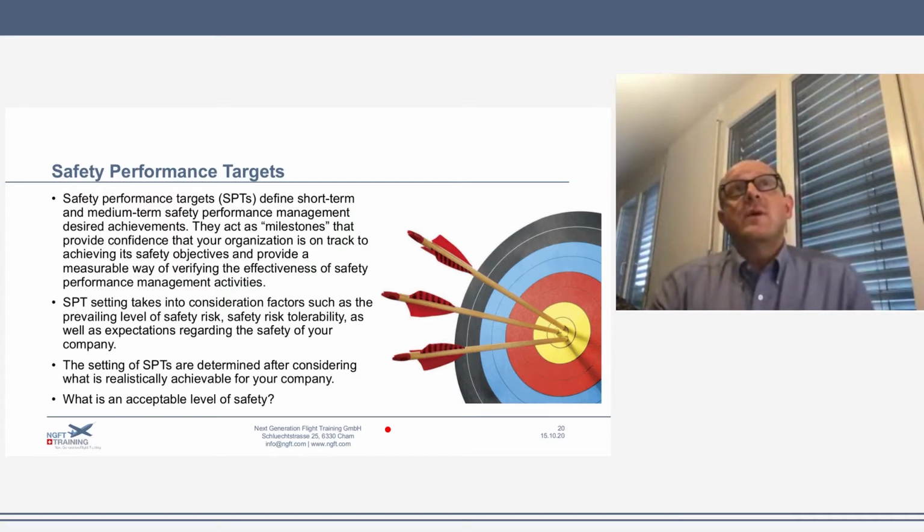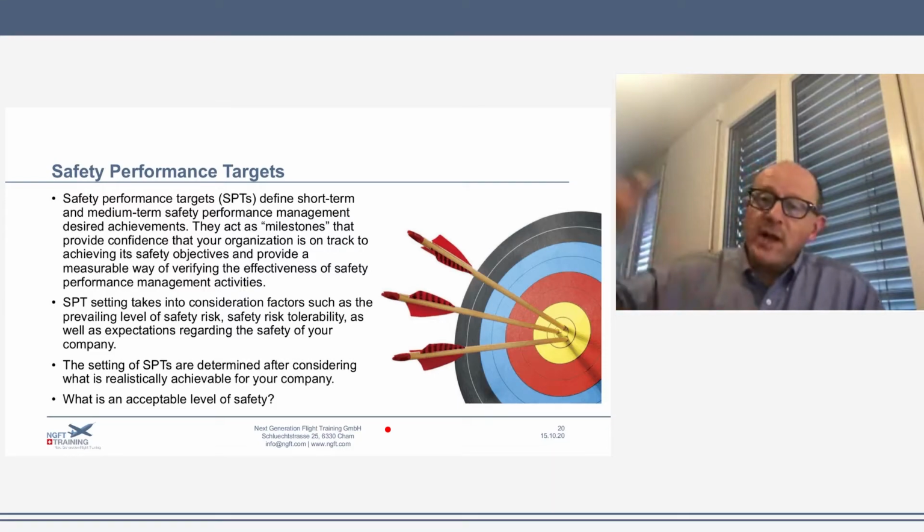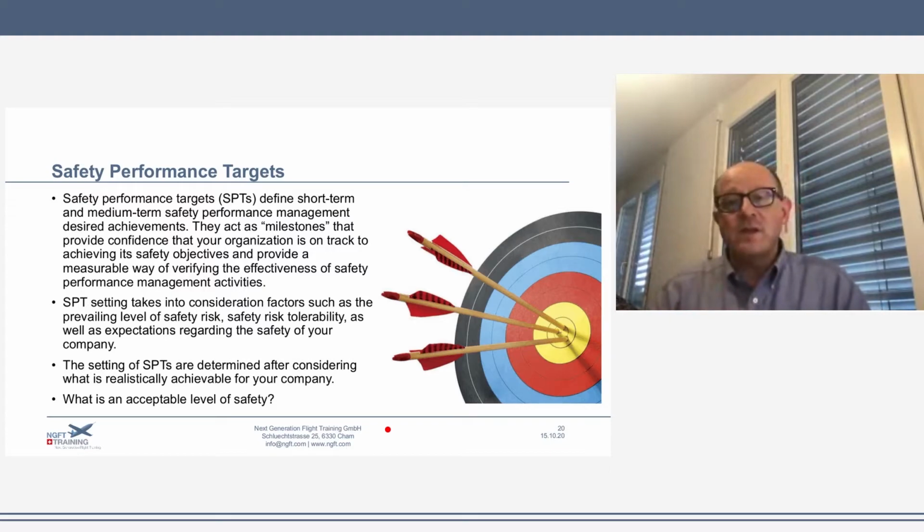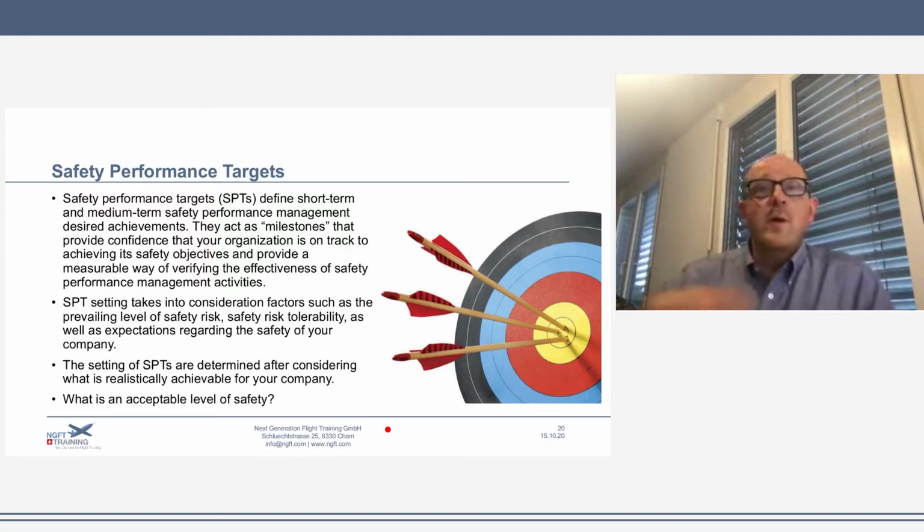Now, when you look at the safety performance target, you see that setting targets is quite hard, and setting targets will have an influence on the behavior of people. Why do I say that? Just imagine if you say our target is to have 30 safety reports this year, or we want to increase the number of safety reports by 15% this year.